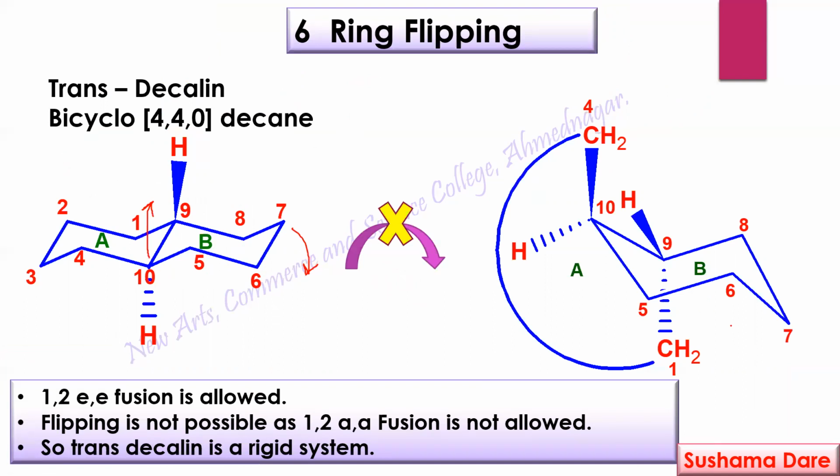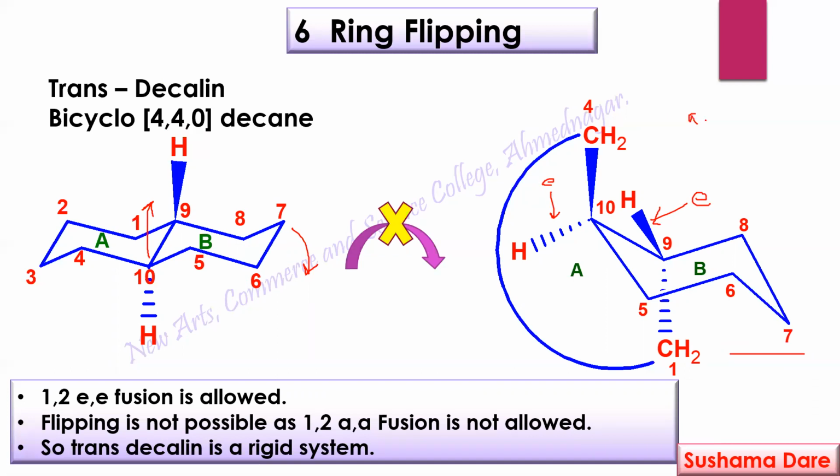So this is the flipped structure of ring B. Because of this flipping, the C9 hydrogen, which was initially axial, now changes to equatorial. Due to flipping, the C10 hydrogen, which was axial, now changes to equatorial. So both axial hydrogens change to equatorial after flipping.